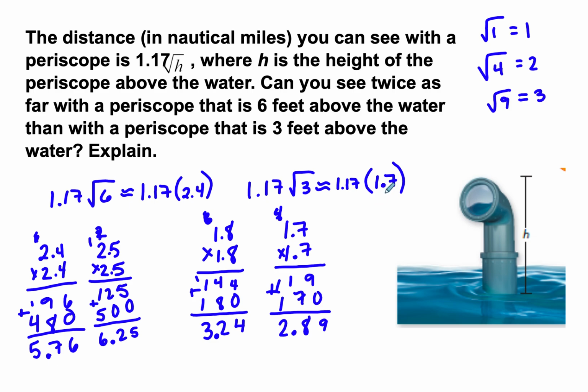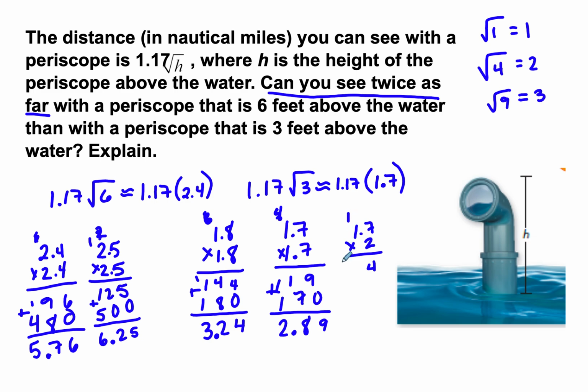Okay, so now we're almost ready to answer a question, which is, can you see twice as far? So we're really looking at these second parts, and we're seeing, is this twice as far as this? Well, let's see. What is 1.7 times 2? That'll tell us what twice as far is. 2 times 7 is 14.